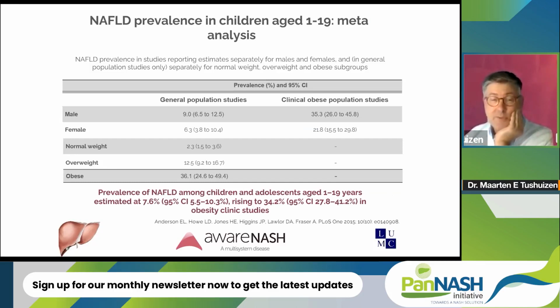The prevalence was especially higher in young males compared with females, and increased, of course, with greater BMI. The other thing is that NAFLD also occurs in children and adolescents with normal weight. So this is also an issue for the future.